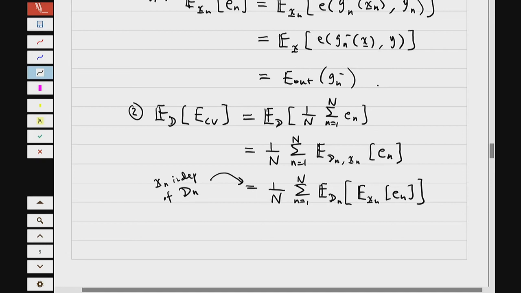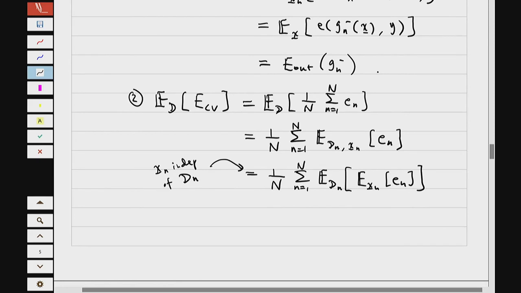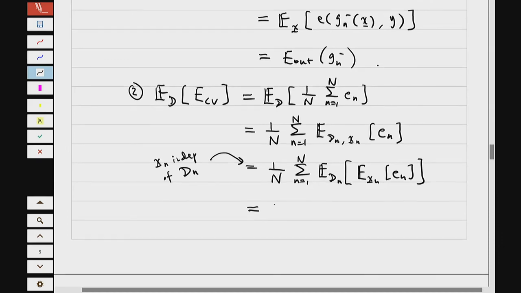If they are not independent, then inside here you will have to use a conditional expectation, which is quite a lot messier. So we already know from just above that this e_n is unbiased. So this one is equal to the test error with respect to g_n^-.